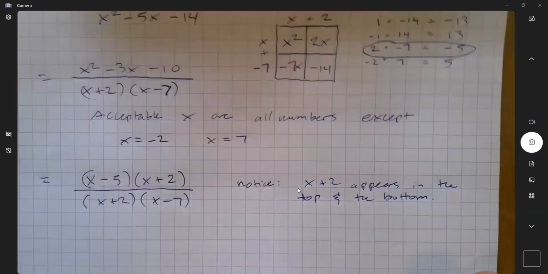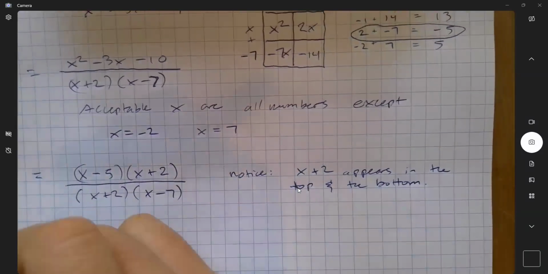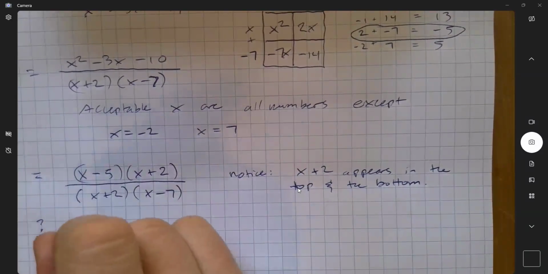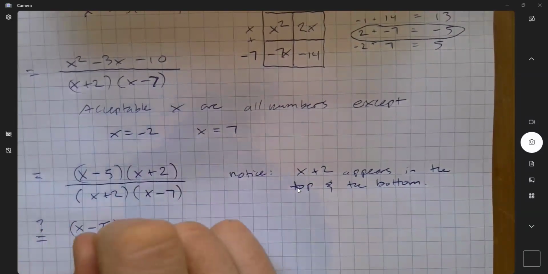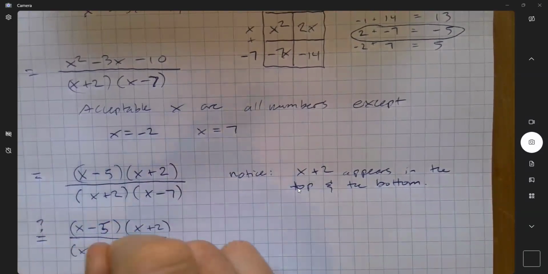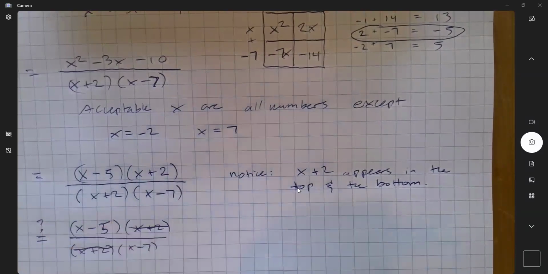which means that mathematically I could reduce this fraction by canceling the top x plus 2 with the bottom x plus 2.